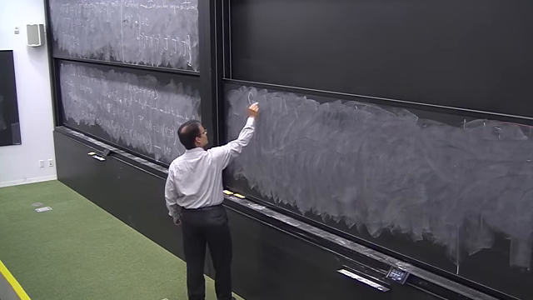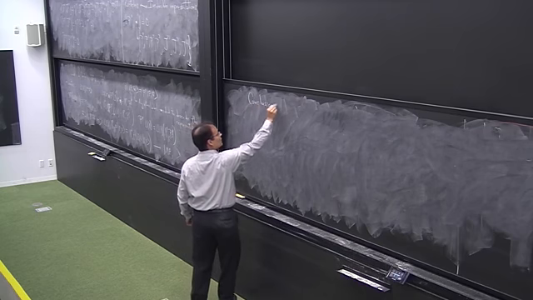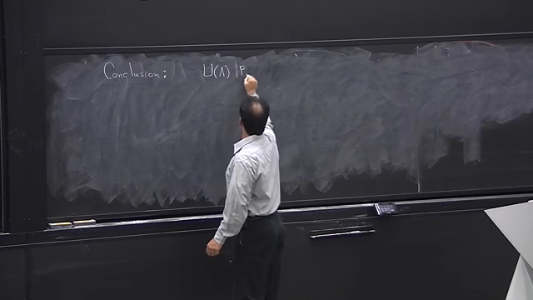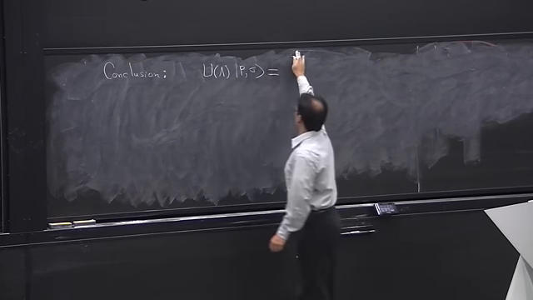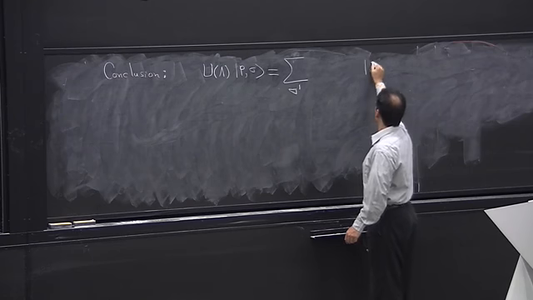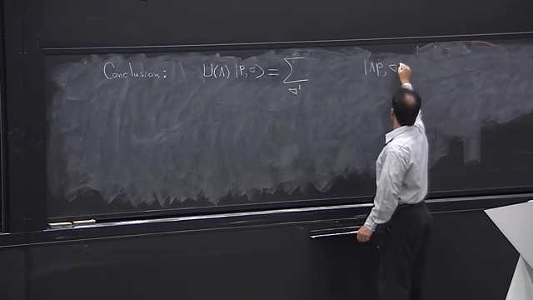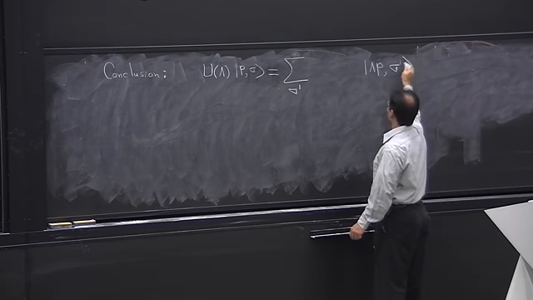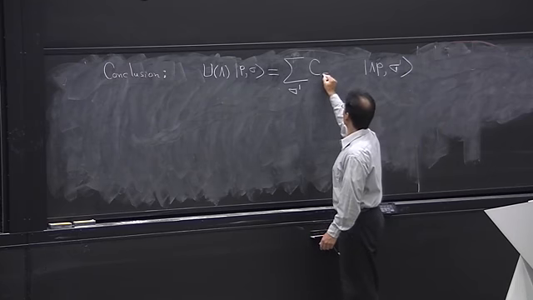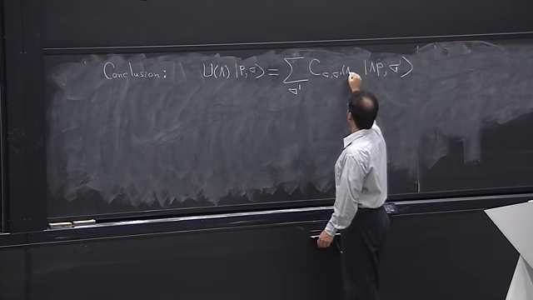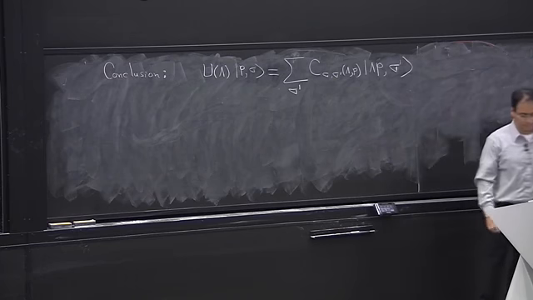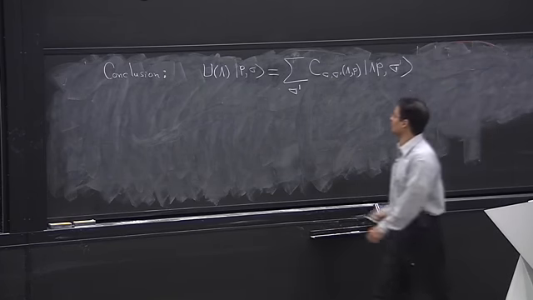So the conclusion is that u of lambda p sigma must be a linear combination of all possible states that you have available in your Hilbert space with momentum lambda p, with some coefficients that depend on lambda and p. Okay?